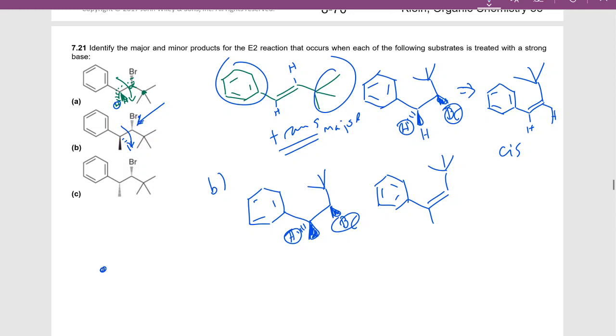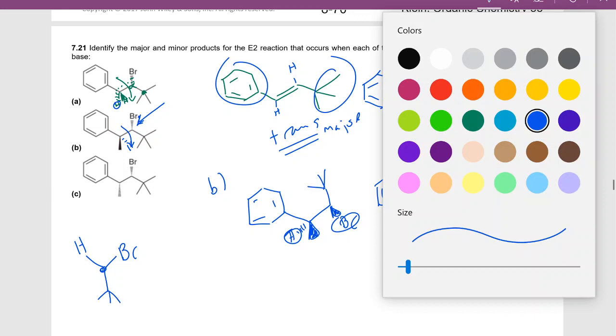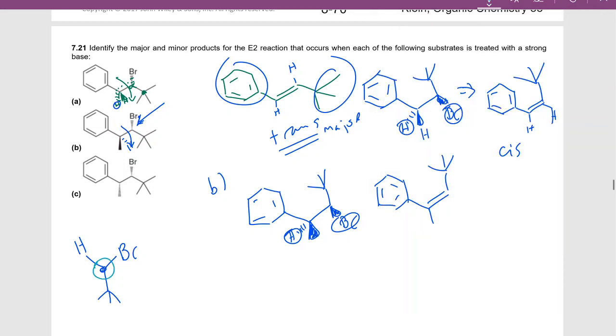So on the front carbon, I've got hydrogen up and to my left, bromine up and to my right, t-butyl straight down. On the back carbon, I've got methyl to my left, hydrogen to my right, and phenyl straight up, okay?